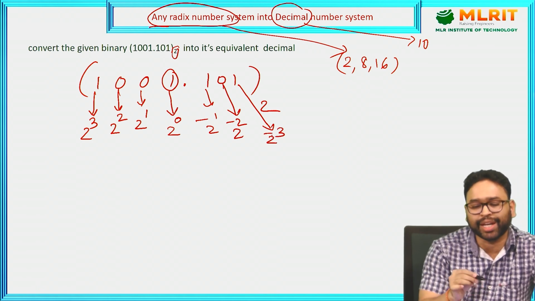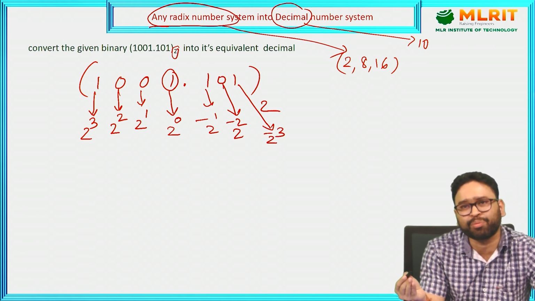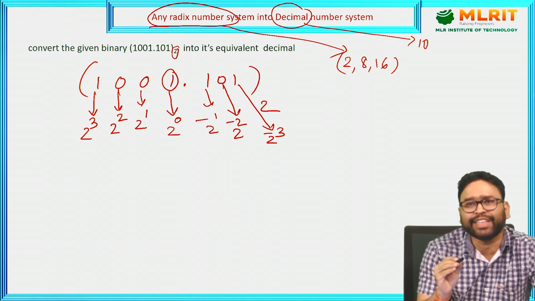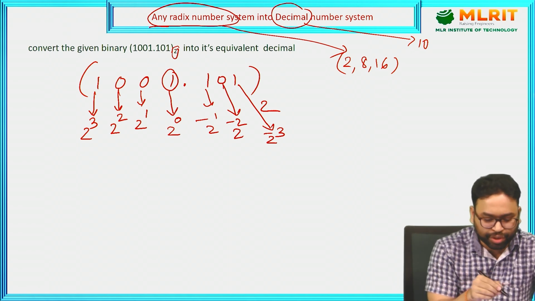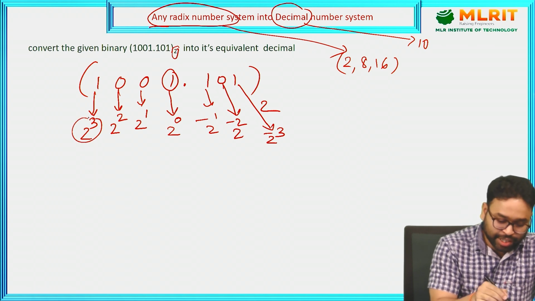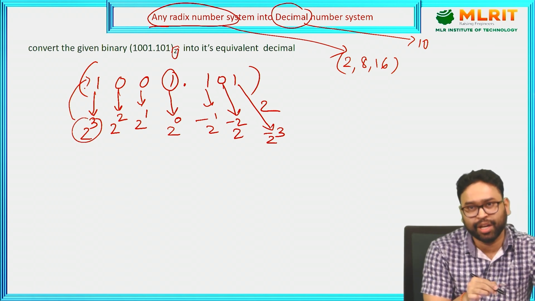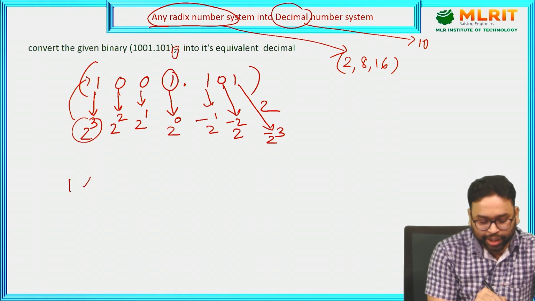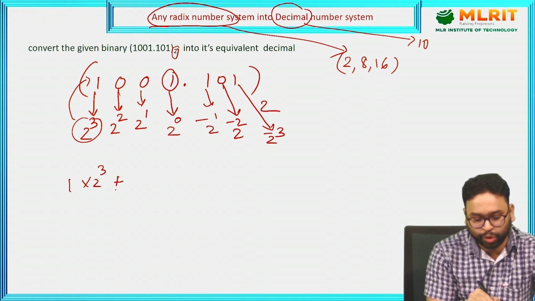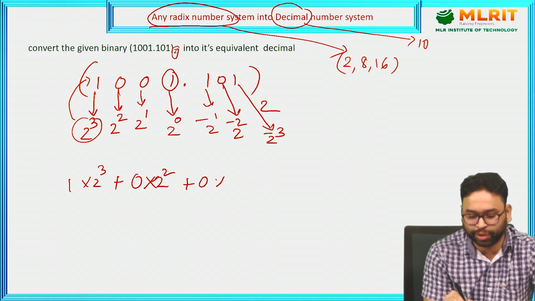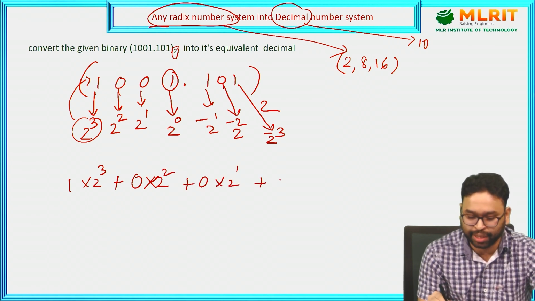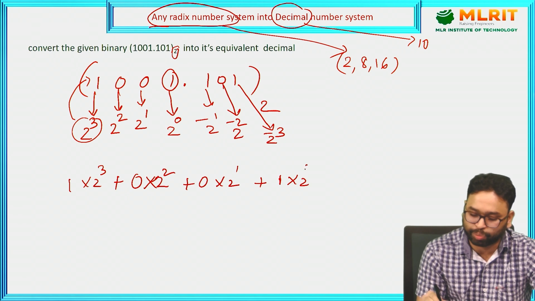To convert any radix number system into its decimal number system, simply multiply each and every digit with its positional weightage, then perform the addition. Let's look into that. 1 into 2 cube plus 1 into 2 square plus 0 into 2 power 1 plus 1 into 2 power 0.